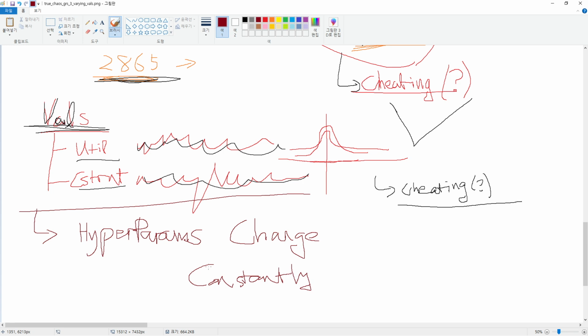Hyperparameters will be subject to change whilst the whole evolution cycle goes on, so that it never ends, or at least until the evolution process is deemed complete.